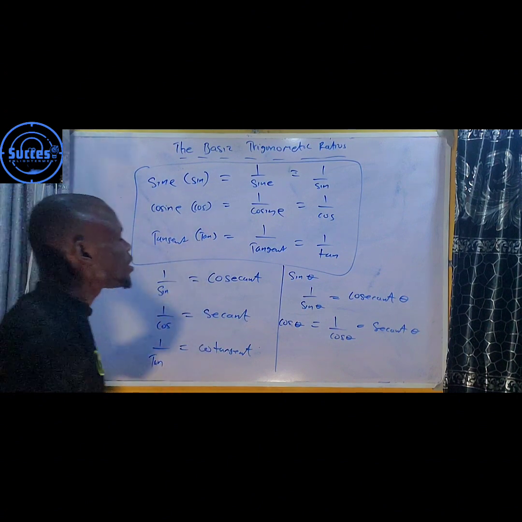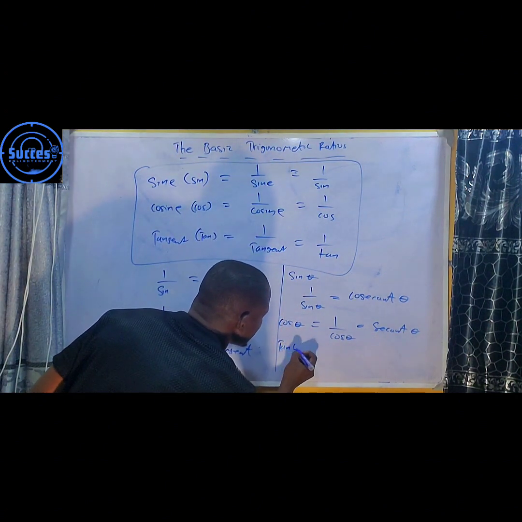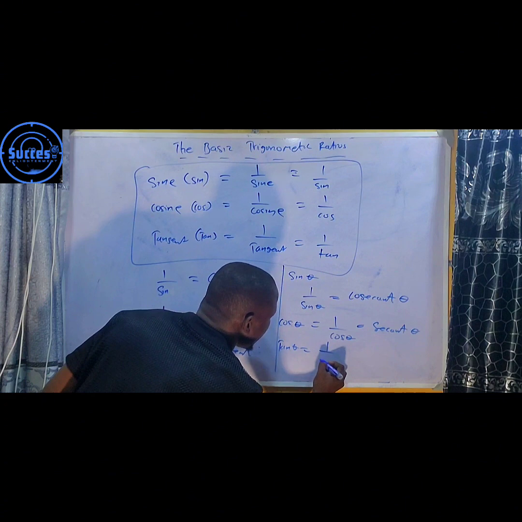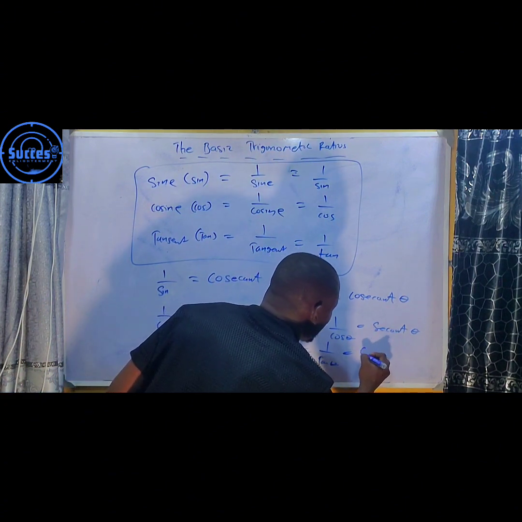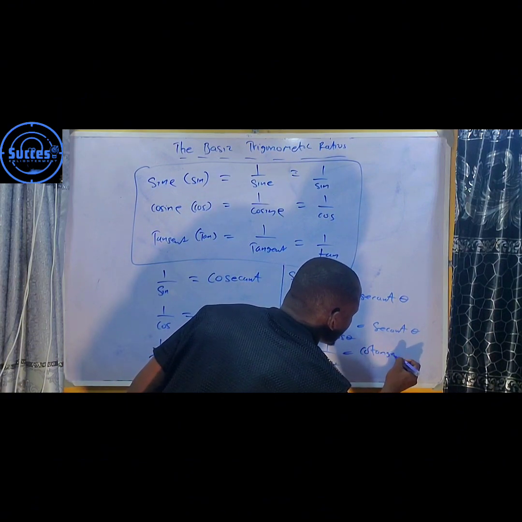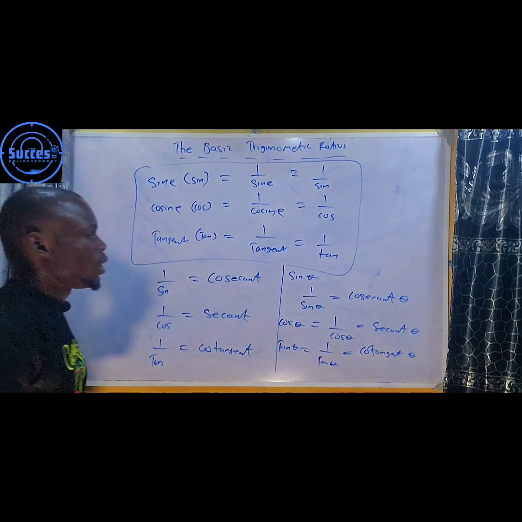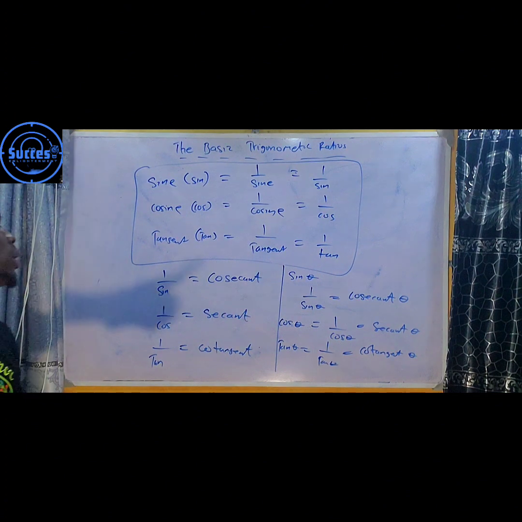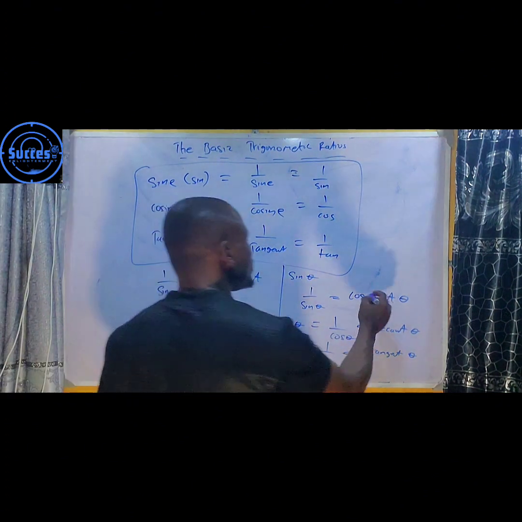The reciprocal of tan theta is 1 over tan theta, which is the same as cotangent theta.